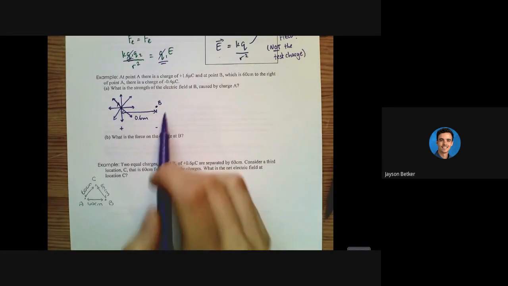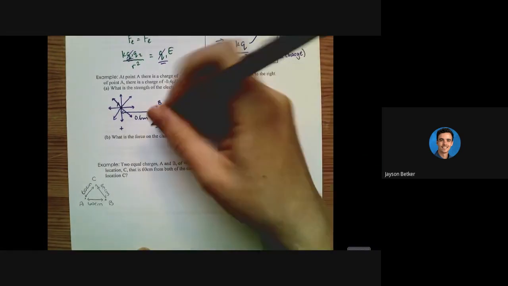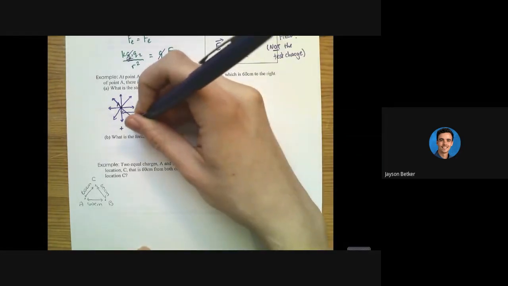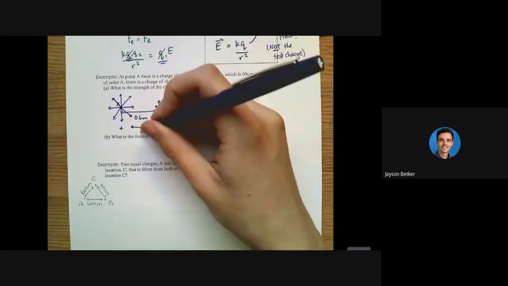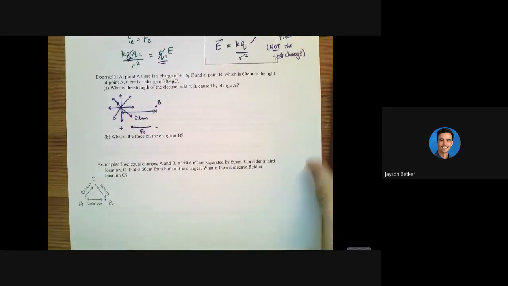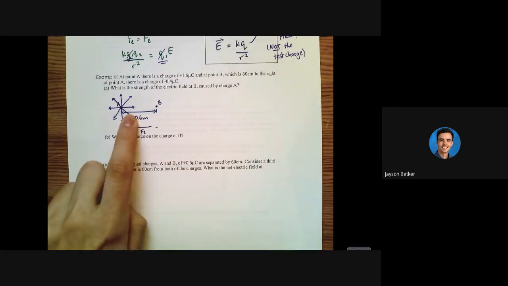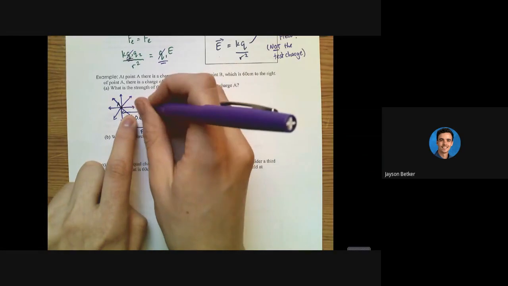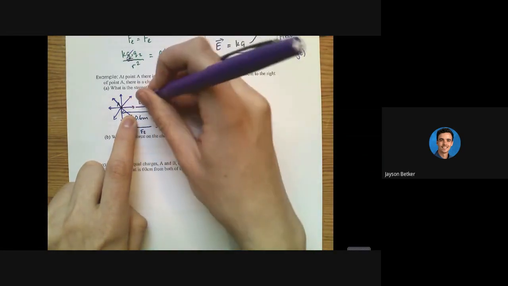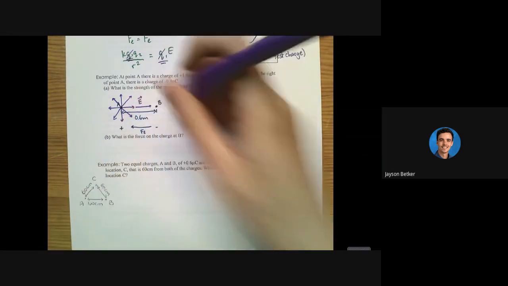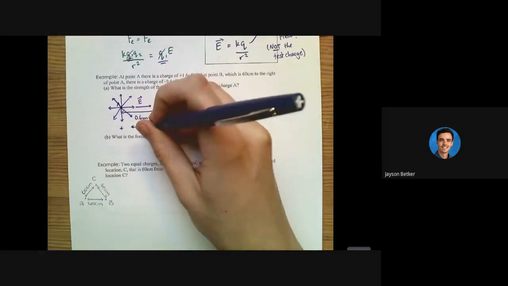Well, B is negative, so there's always going to be an attraction between a positive and a negative. So FE is going to be going to the left. But we see here, if I just continue this, FE is going to the left and E is going to the right. So you've got 2 different directions happening here. That's really important to note, okay?